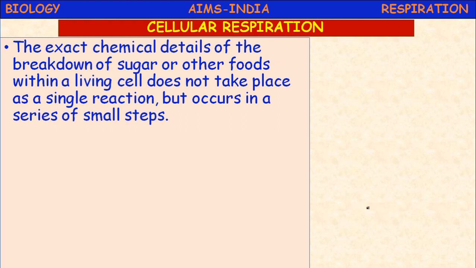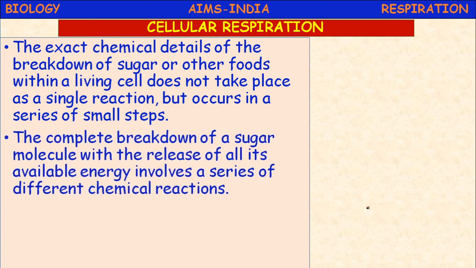The exact chemical breakdown of sugar or other foods within a living cell does not take place in a single reaction, but occurs in a series of small steps. Slowly and steadily the breaking down of glucose or sugars takes place in cellular respiration.